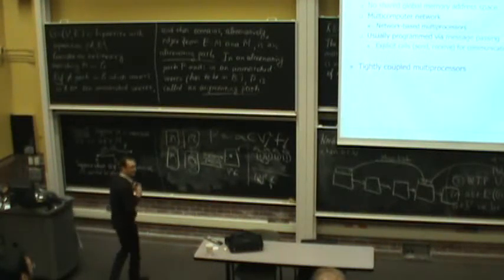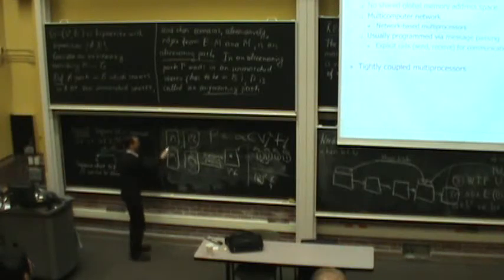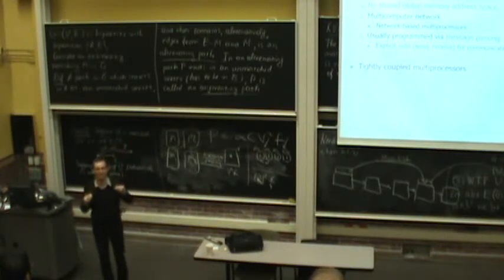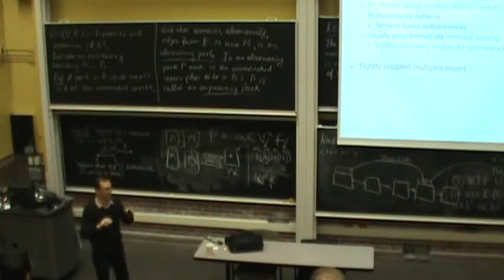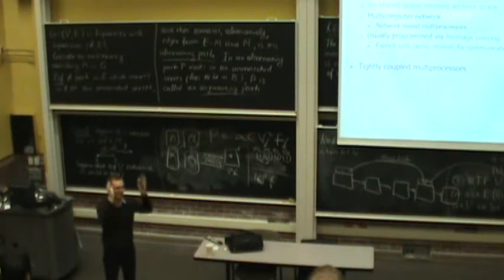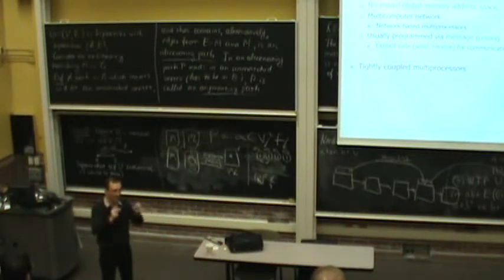That may be needed when, for example, you remember the histogram example that I gave in one of the earlier lectures? You want to get a histogram of the letters that occur in a book, and you partition the book into pages, and each processor operates on a page, and they need to communicate when they need to merge their local histograms. So how do they communicate?